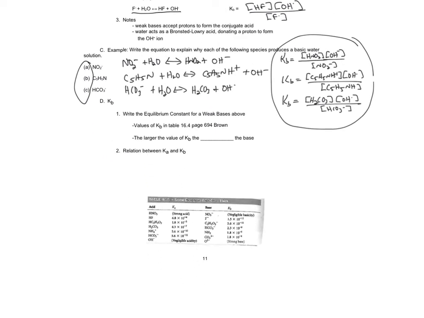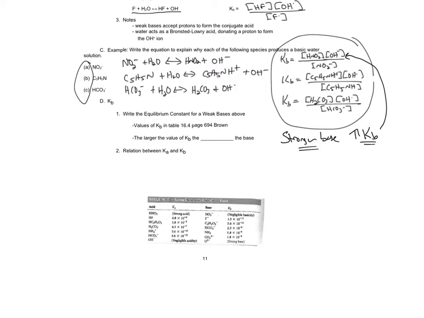All right, moving to the bottom of this page. One key concept, as we saw also for acids, is that the stronger the base, the greater the Kb value. So the higher the Kb, the stronger the base, because more of it dissociates, and it also produces a higher amount of hydroxide ions. Okay?